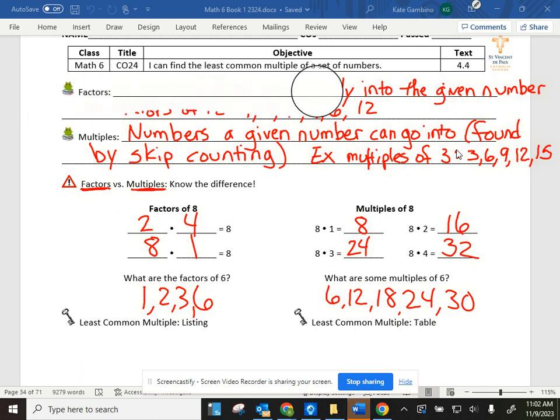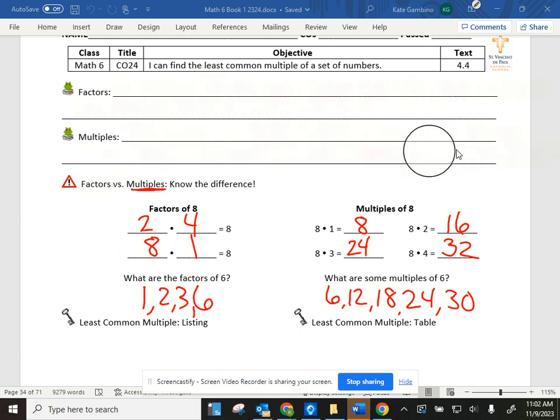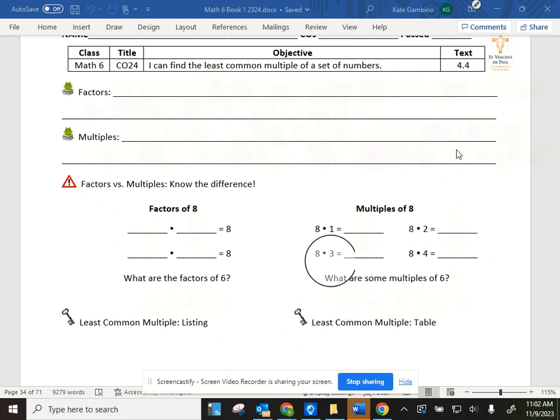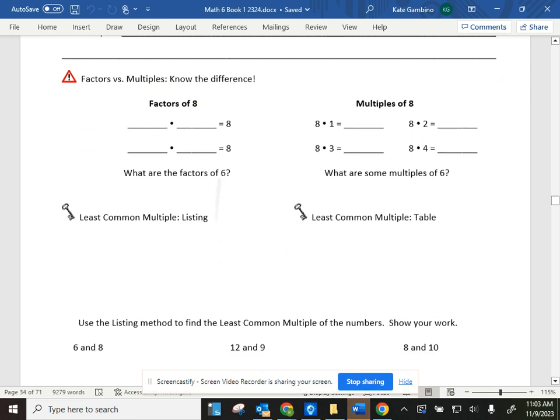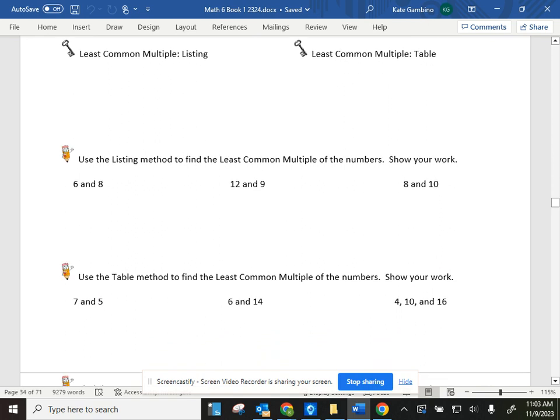So how do we work with multiple numbers, finding that least common multiple? So let's scroll up. There are 2 different ways we're going to find that least common multiple. The greatest common factor, we talked about 3 different methods. We're going to talk about 2 different methods to finding that least common multiple.